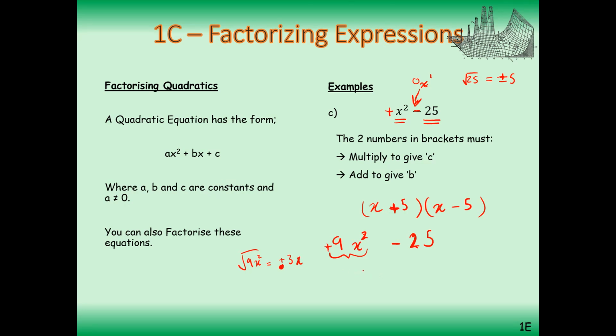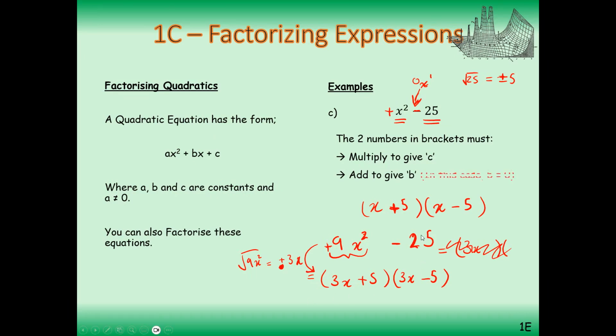So when you have to factorize this, you would write one bracket with positive 3x and another one. Let me write them below it. So you write plus 3x, leave a gap, and plus 3x, leave a gap. You put a plus 5 and a minus 5 next to it, like so. All right, so that's the factorized version of this line here.